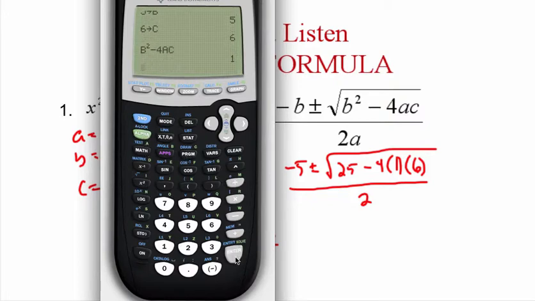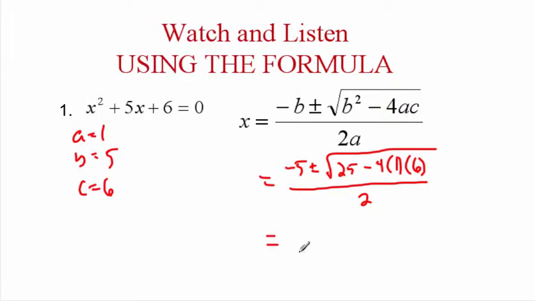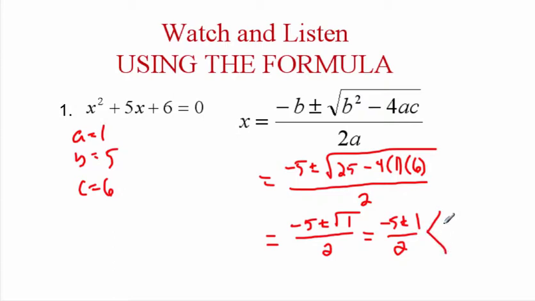So I get 1. Back here in my presentation, I would have negative 5 plus minus the square root of 1 over 2. I know the square root of 1 is 1, so this is going to get me negative 5 plus minus 1 over 2, and this is where it splits up into my two solutions.